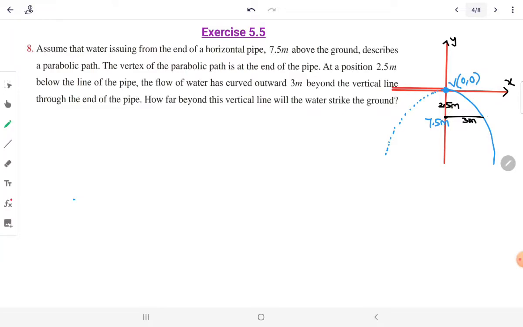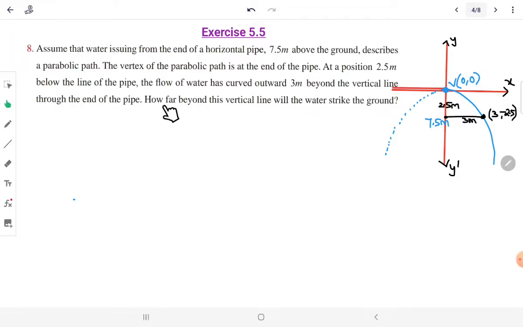What will be this point then? (x, y). What is the x distance? x is 3. What is y? y is 2.5. Since this is the negative direction of the y-axis, y is taken as minus 2.5. The point becomes (3, -2.5).